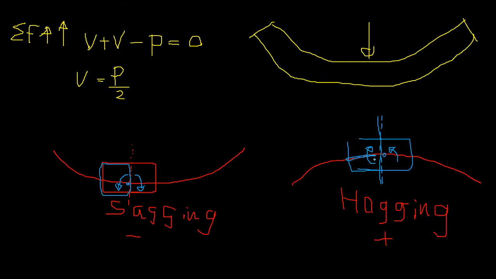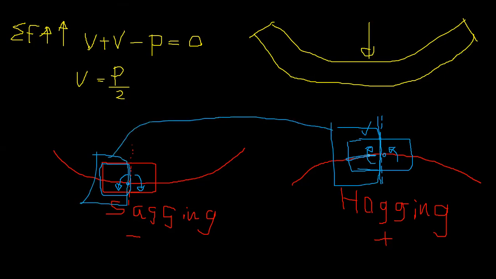So we can take clockwise moments as positive and draw this one. Don't be confused by the anti-clockwise, right? We are going to use the right end to determine, because we are taking only the right end. At the right end, if you end up with a positive moment, that is clockwise, that means hogging.